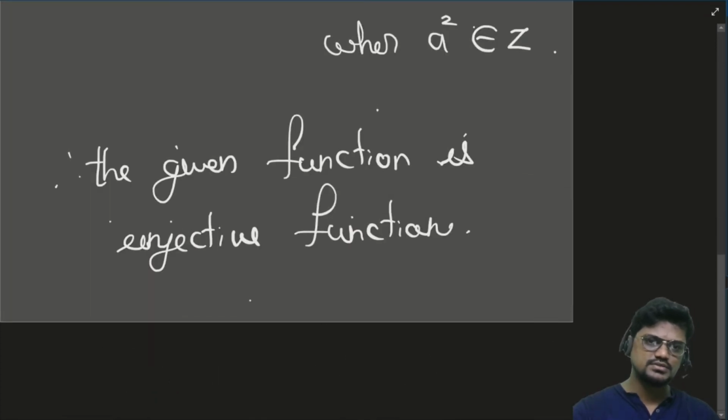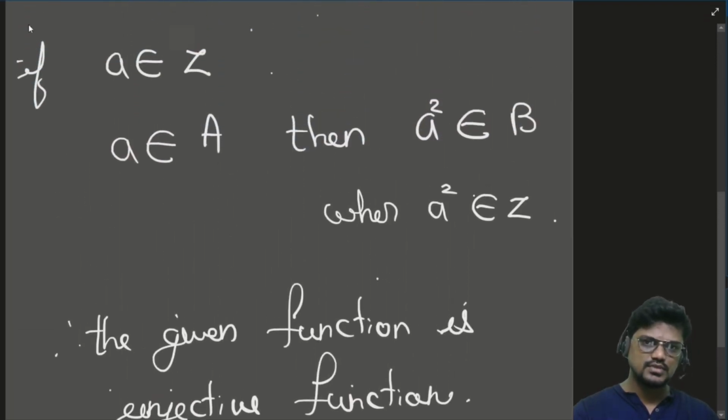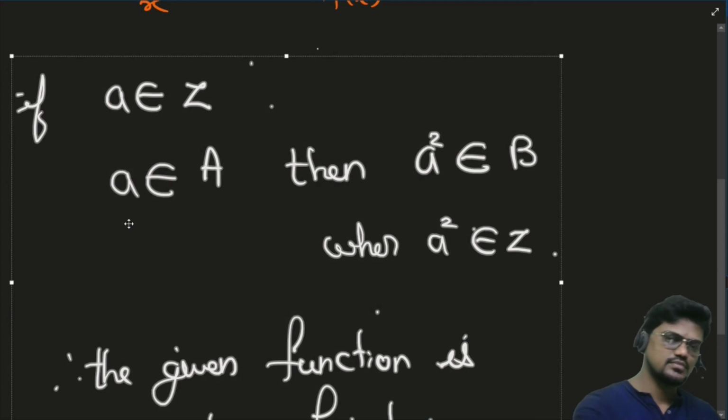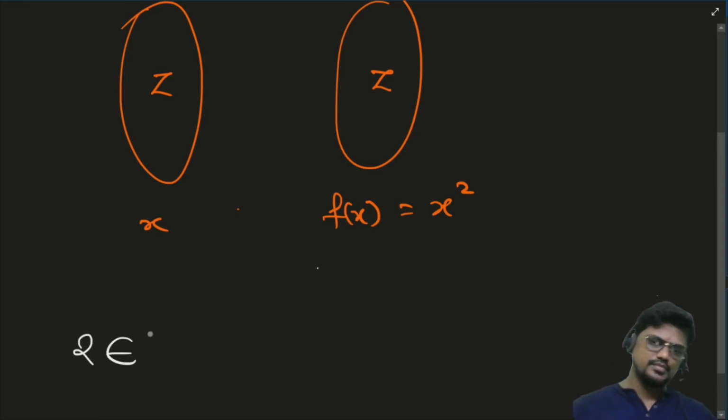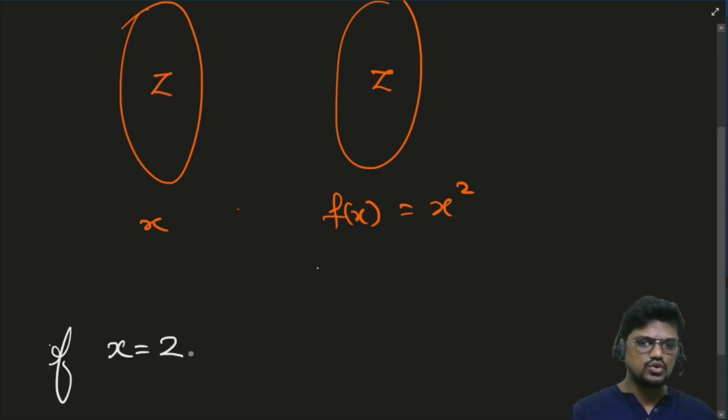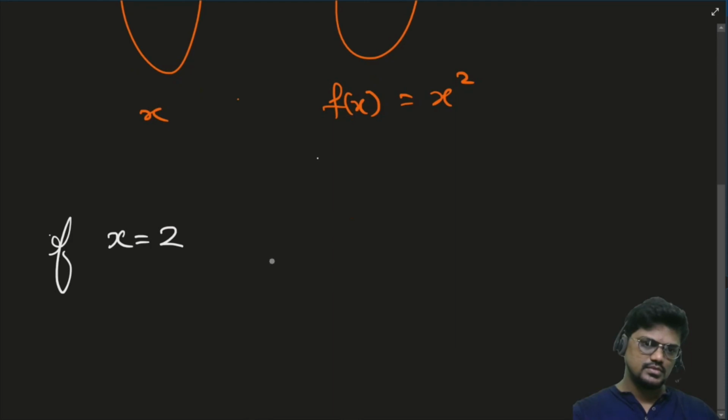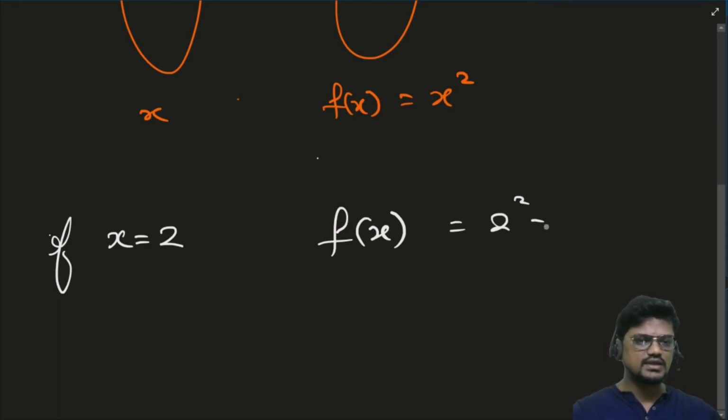Why? Because I'll give you the reason. Suppose if x is equal to 2, then f of x is equal to how much? 2 square, that is 4.